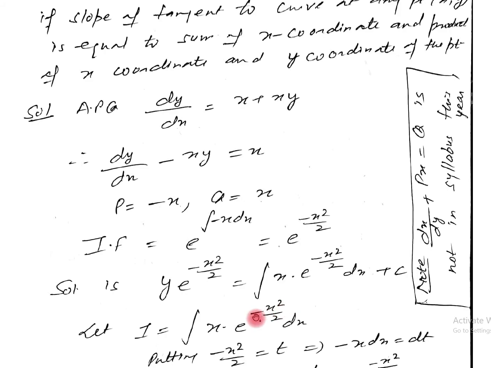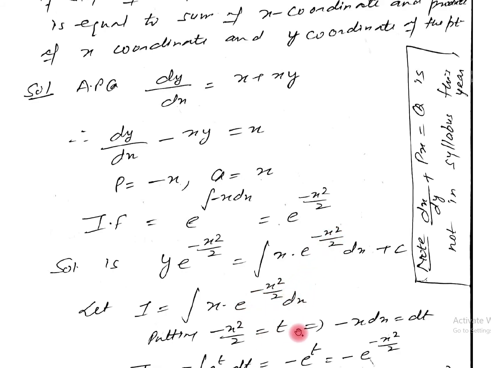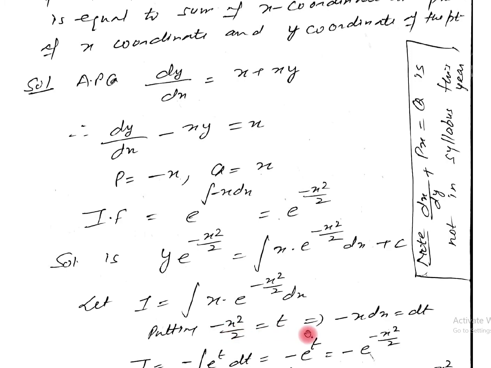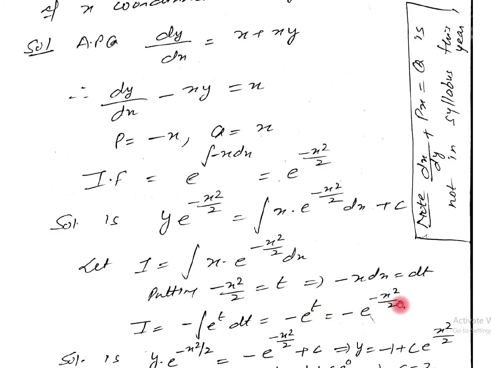Now we can easily solve this integral by putting minus x square by 2 equal to t. It becomes minus x dx equal to dt. So I becomes minus integral of e raised to power t dt, equal to minus e raised to power t, equal to, putting the value of t, minus e raised to power minus x square by 2.